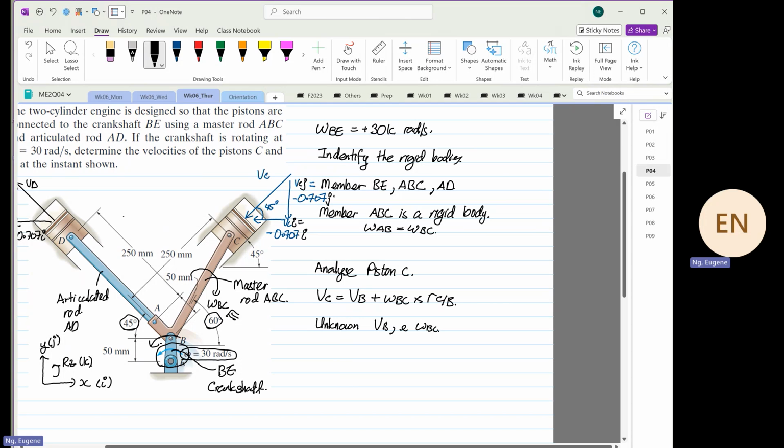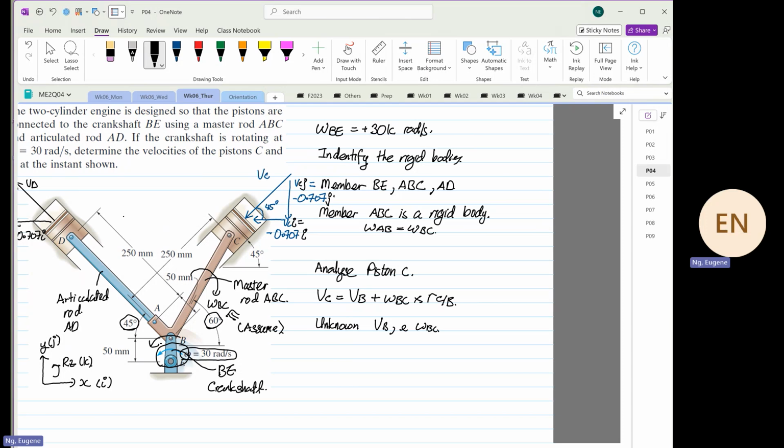For now, we just assume. It can go the other direction also, I don't know. We just make an assumption. So unknowns are VB and omega BC.